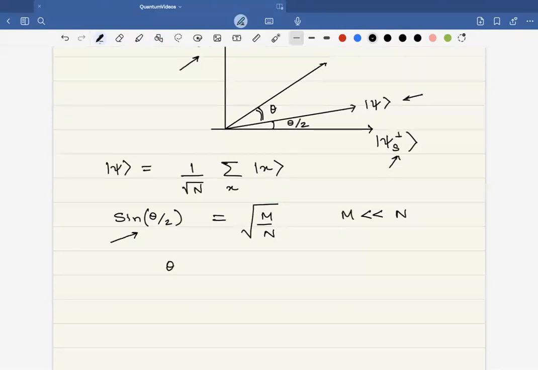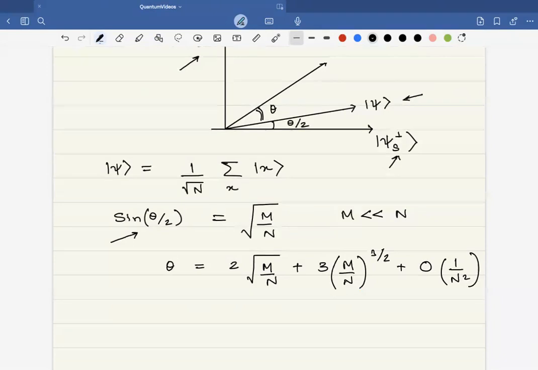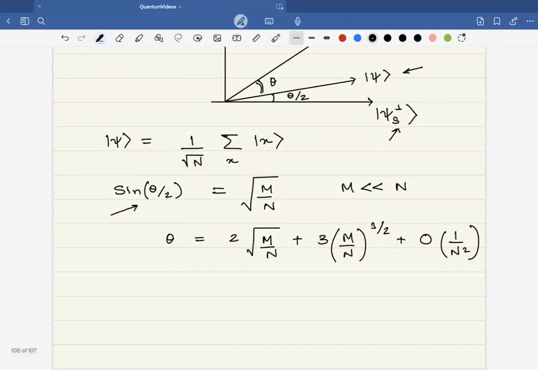So theta is equal to 2 times the expansion of sine inverse of x, essentially square root of m over n plus 3 over 2 m over n to the 3 over 2 plus something which is order 1 over n squared. So now what we'll do is take the first order approximation to theta. So my angle of rotation, I will choose as 2 square root of m over n. So we'll ignore these terms.